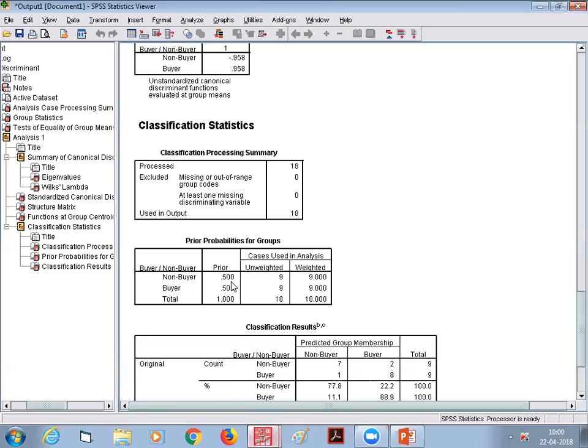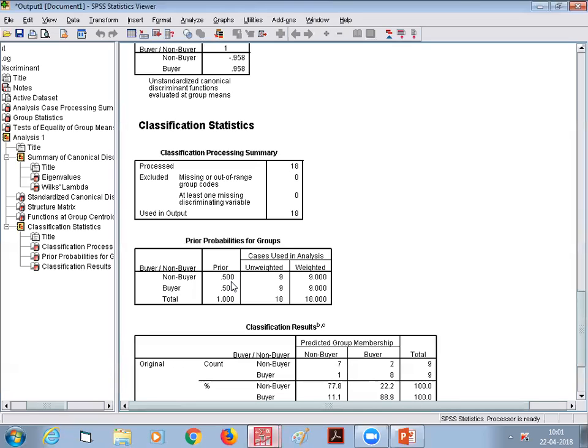There are two methods. One is comparing the discriminant score with the cutoff score for classifying. The other is comparing the probability of the discriminant score with the cutoff probability to classify into the buyer or non-buyer group. When you go with the probability, we take 0.5.